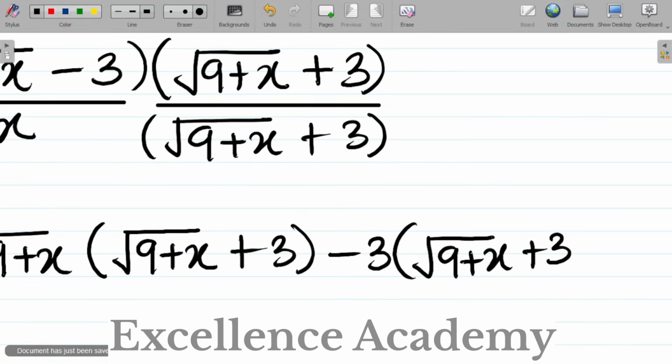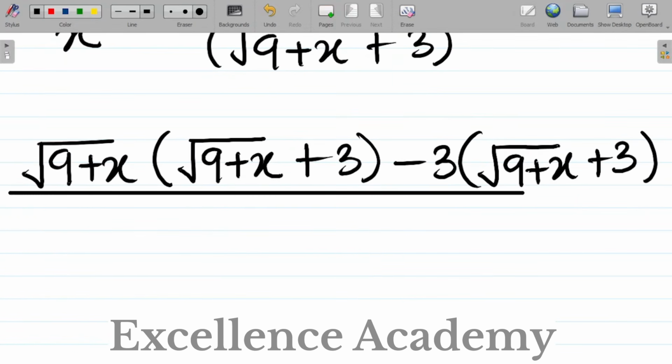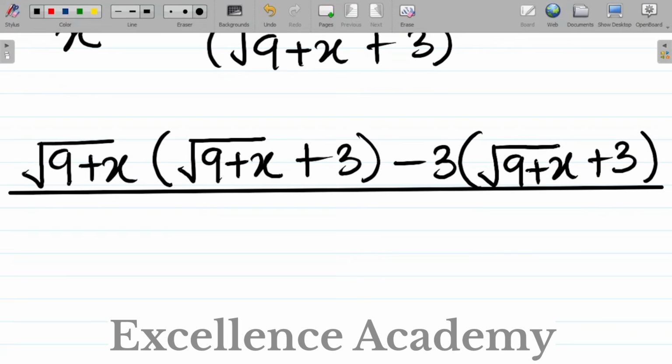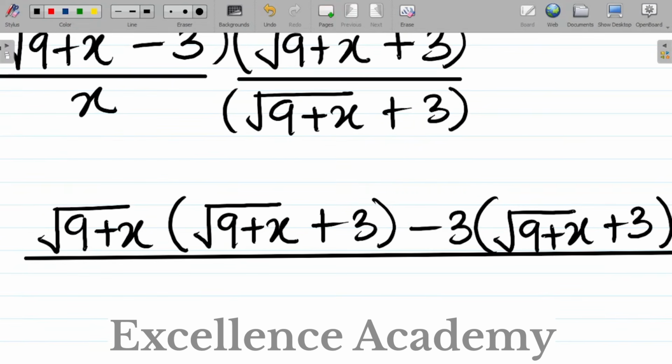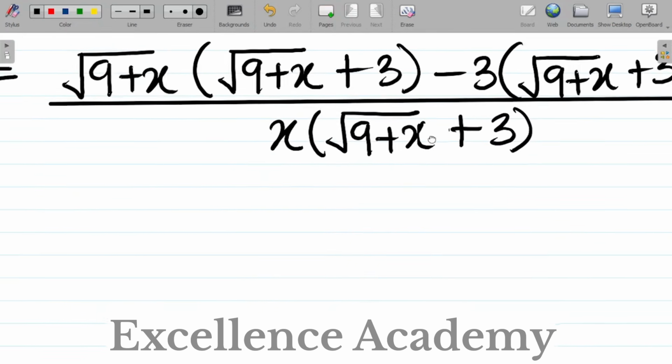All of this is divided by the denominator, which is x, multiplying everything here: x into root 9 plus x, then plus 3. So I have this. All right, let's work on this.